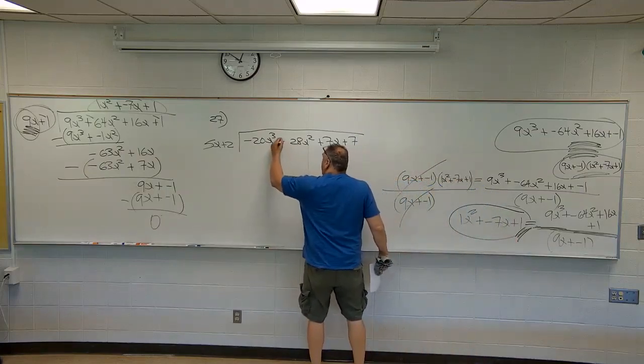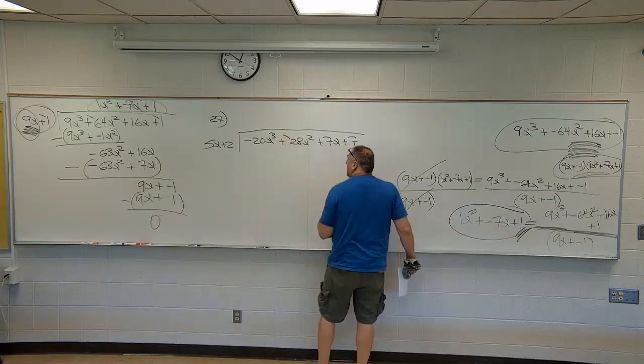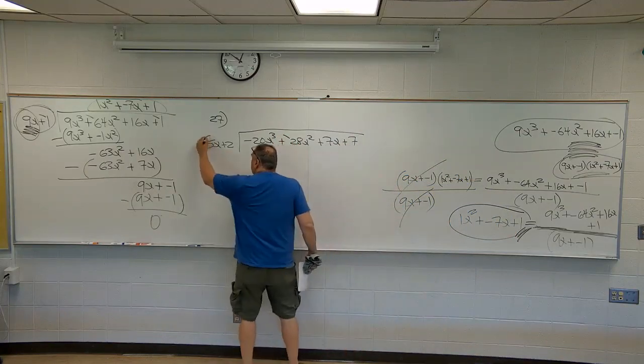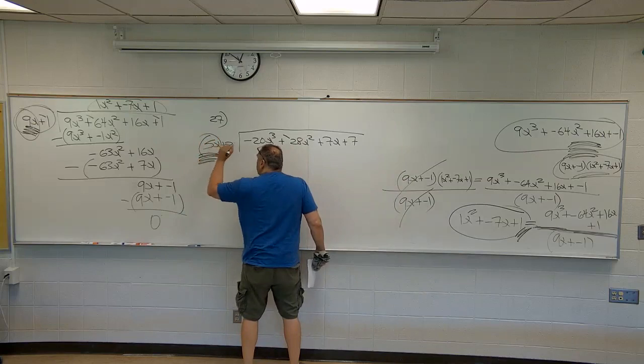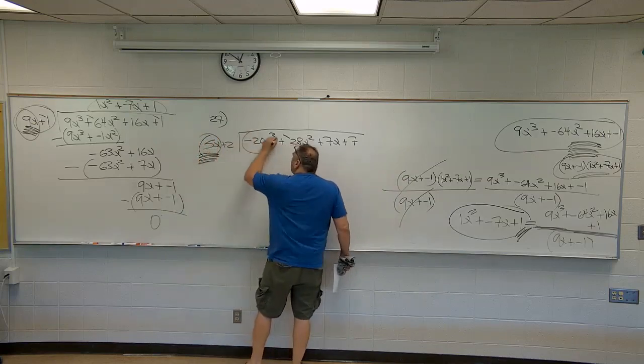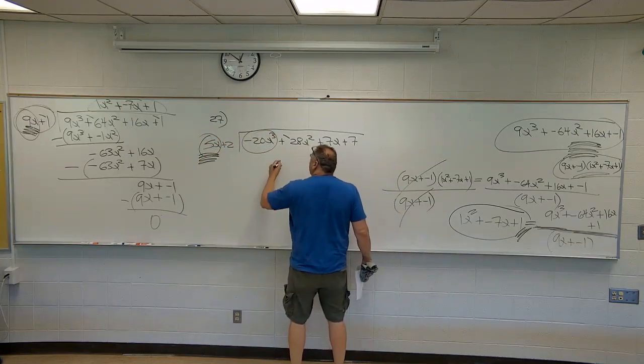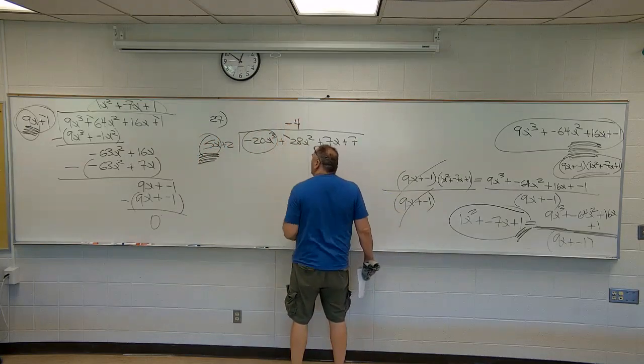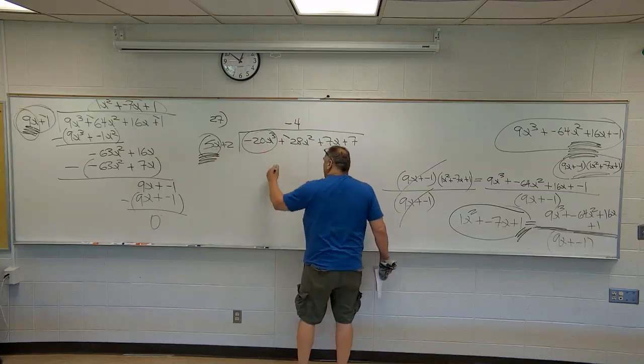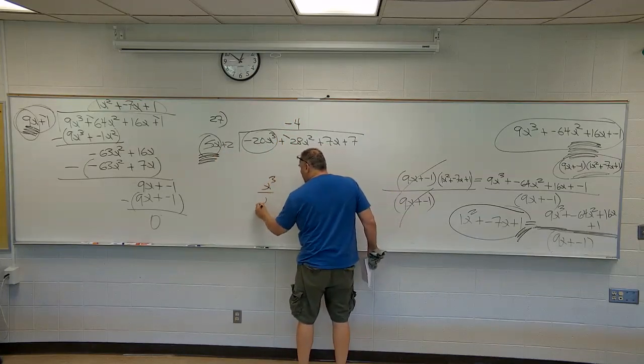Minus 28x squared is plus a negative 28x squared. 5x goes into negative 20x to the third. Well, 5 goes into negative 20, negative 4 times. X goes into x to the third. Here's x to the third, here's x.